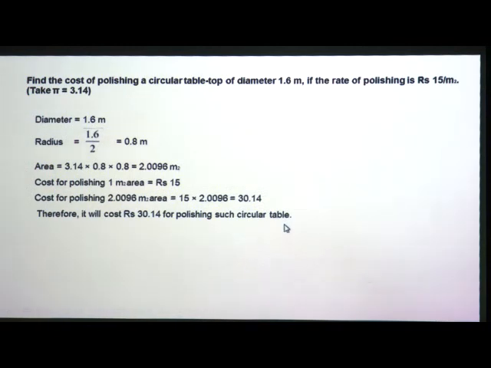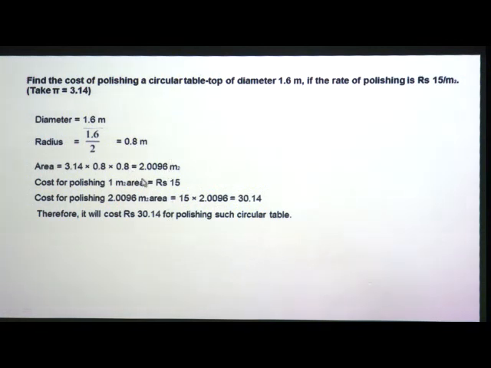The diameter given to us was for a very small circular table. So, we found the cost required to polish that circular tabletop whose diameter is 1.6 meter, which will cost 30 rupees 14 paise when the rate of polishing is 15 rupees per meter square.